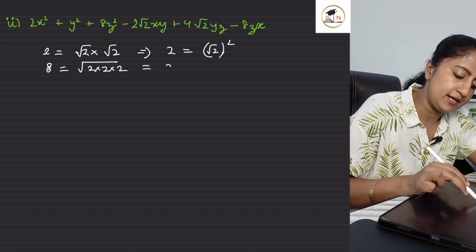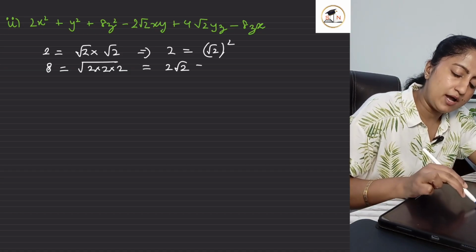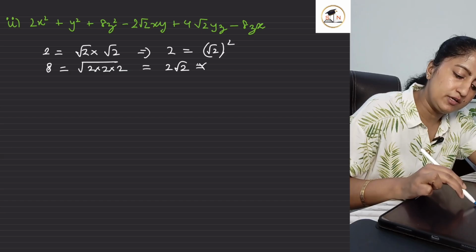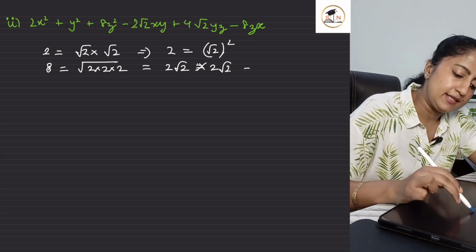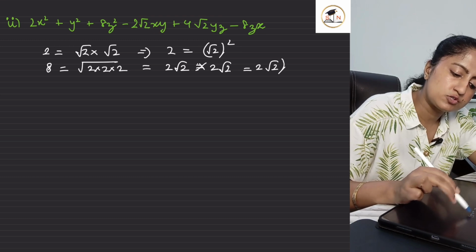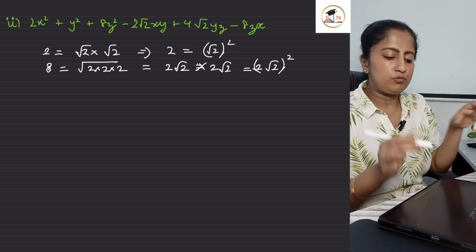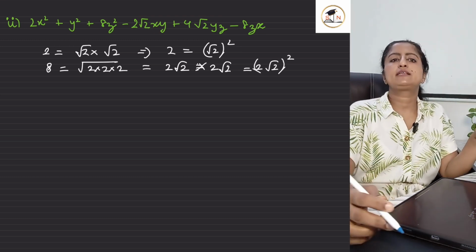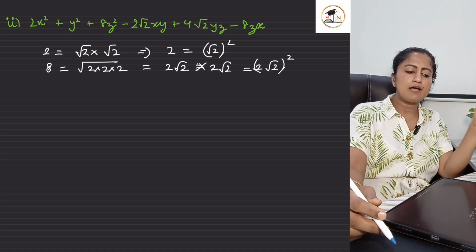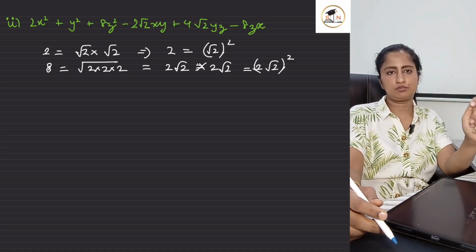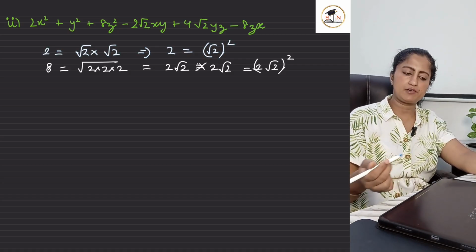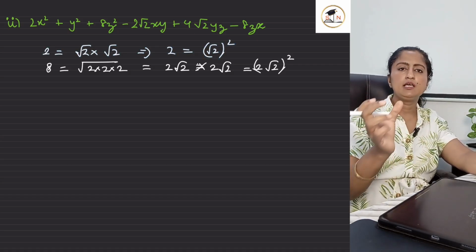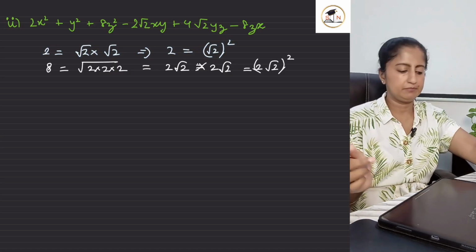It gives me 2√2. So I can write 2√2 into 2√2 will be 8, that is (2√2) square. What I'm trying to explain is that if you do not have a perfect square term for the fourth identity, we can figure it out either by prime factorization or by breaking it with roots as well, right?